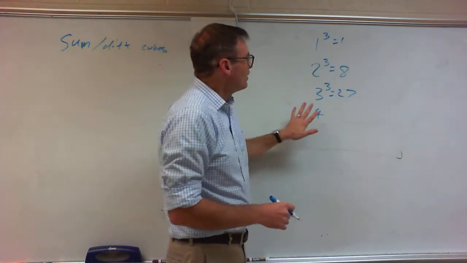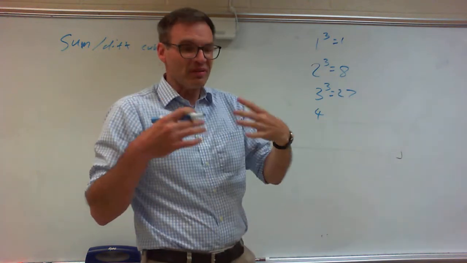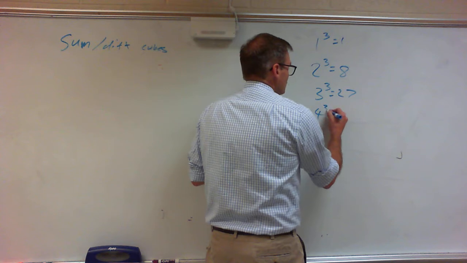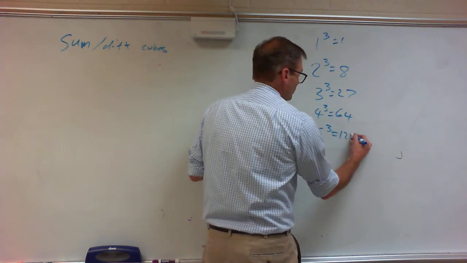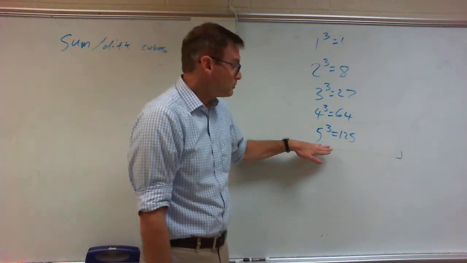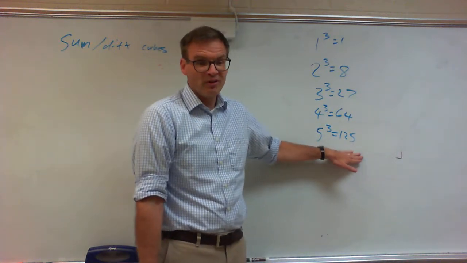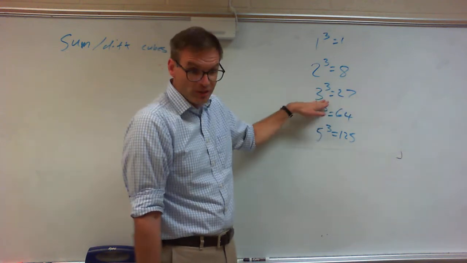But so now when I'm talking about this, I want to make sure we understand values of certain cubes. So 4 cubed is 64. 5 cubed is 125. And I expect everybody to know these. When you see 125, you know that that's 5 cubed. When you see 27, you know that's 3 cubed.